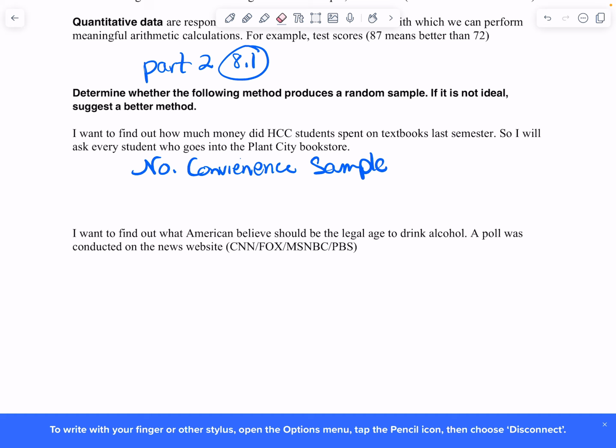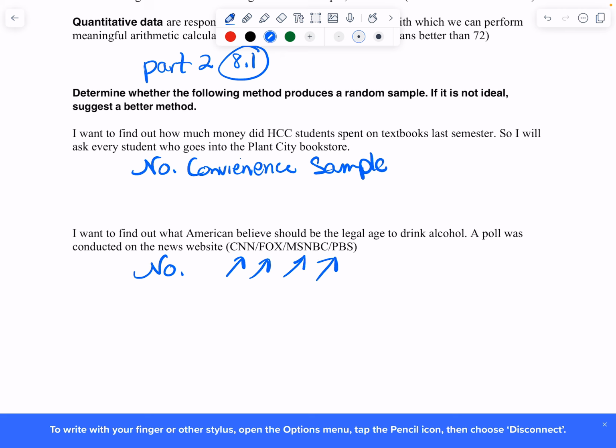Okay, here's the next one. I want to find out what Americans believe should be the legal age to drink alcohol. A poll was conducted on the news websites CNN, Fox, MSNBC, and PBS. Again, this is not a random sample. For starters, we're relying on people who watch these news sources.